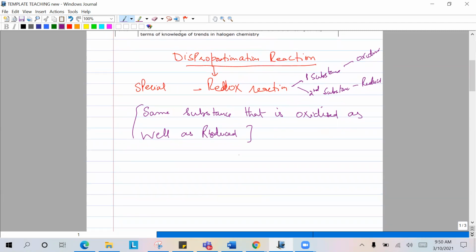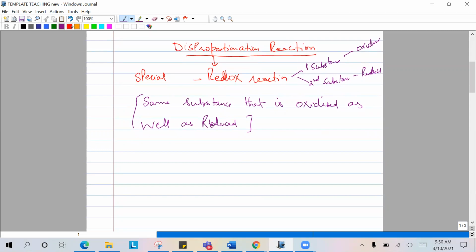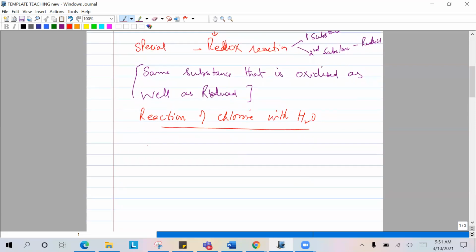Now, the reaction required according to your specification is the reaction of chlorine with water to show a disproportionation reaction. You have Cl2 gas, you add it into water, it forms HCl and HClO.